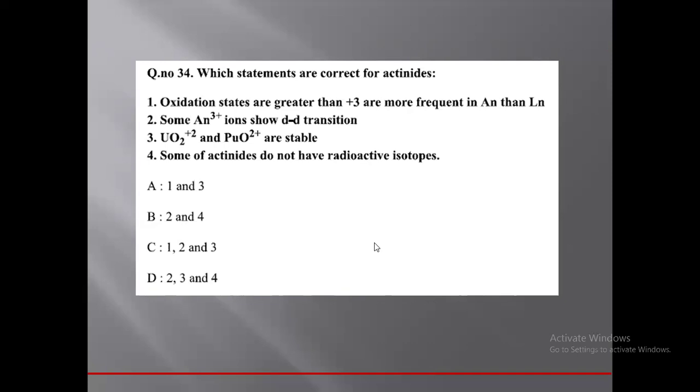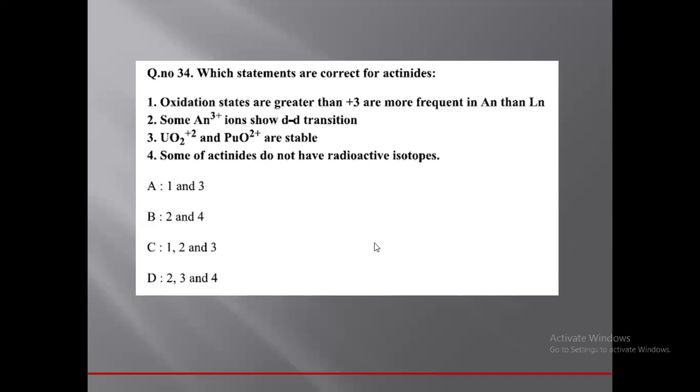Then come to the third statement. Uranium and polonium oxides are stable in plus 2? Yes, that is correct, third one. Then come to the second. Some actinide plus 3 ions show the d-d transition. That is also wrong because lanthanides and actinides are f block elements, so d-d transition will not occur.